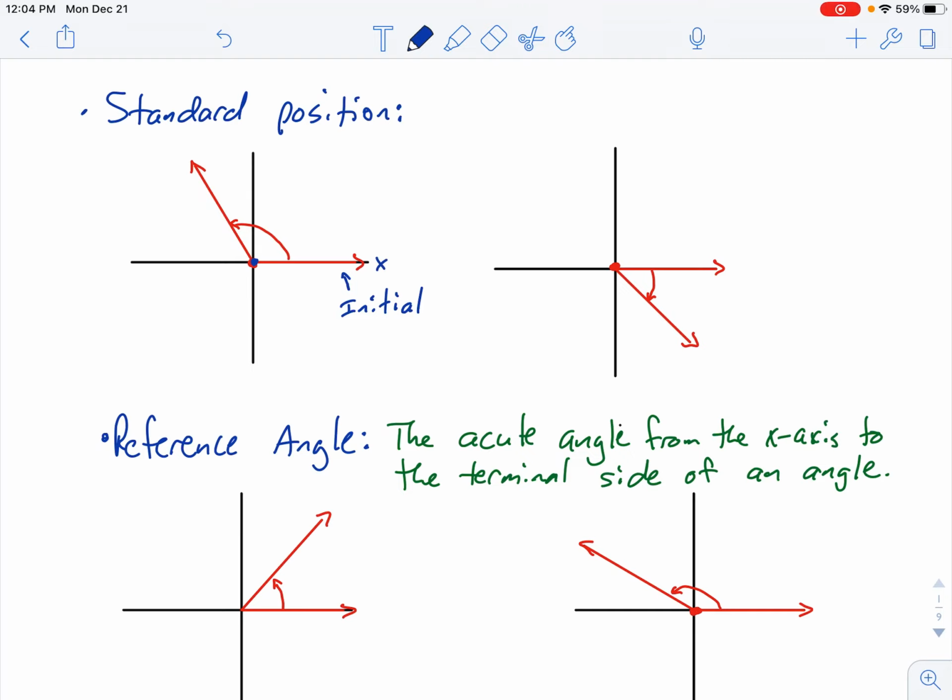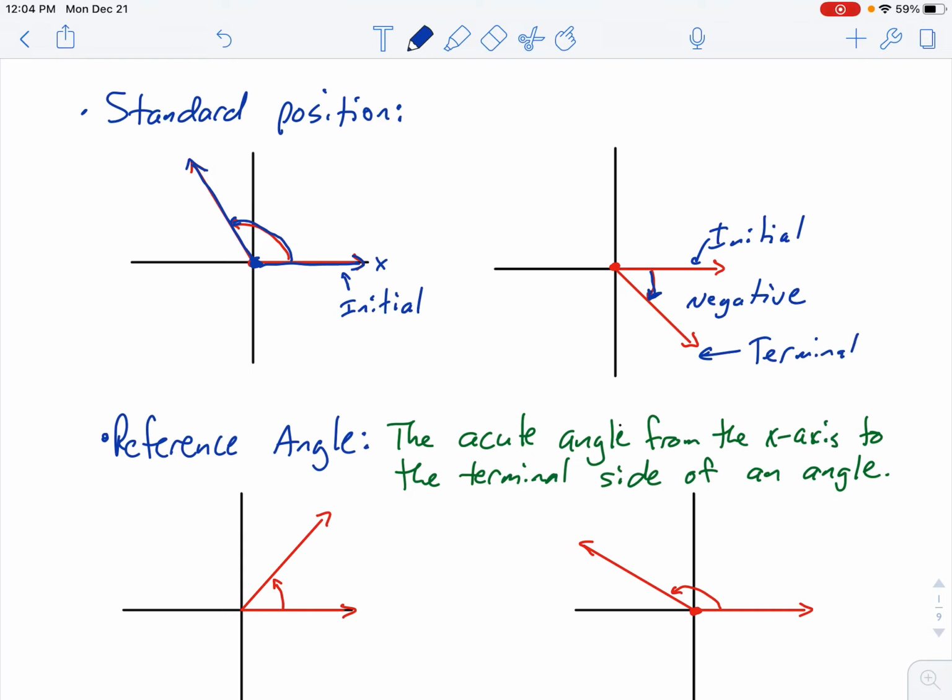Then the angle, if it's a positive angle, goes counterclockwise until it hits the terminal side. So initial side, positive x-axis, to terminal side, origin is the vertex. There are negative angles that go clockwise, this direction, but still initial side here, and then terminal side there.